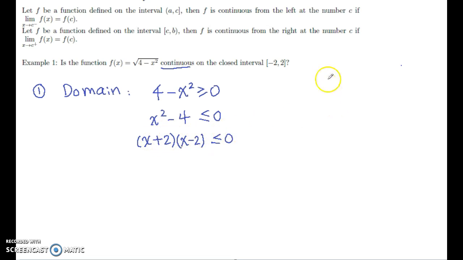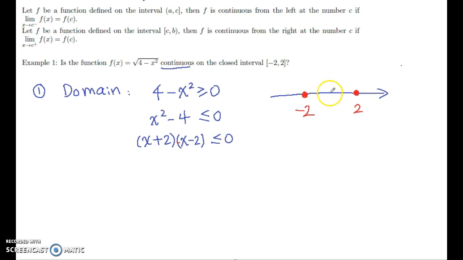To solve this inequality, we look at the number line. We plot the roots. The first one is -2 and the second one is 2. Because we have a less than or equal to sign, instead of a hole, there's a solid point. And we want it to be less than or equal to 0. So we can do a test point.